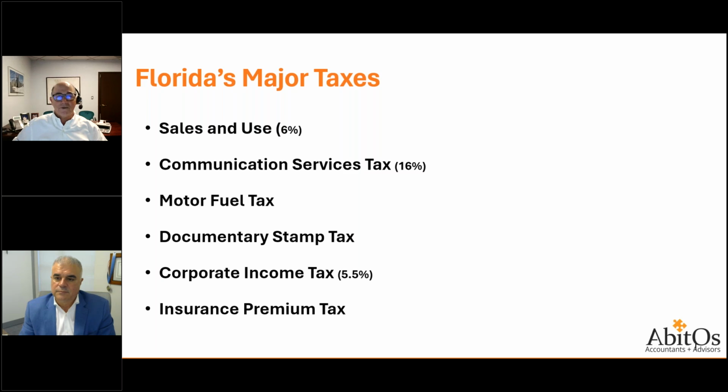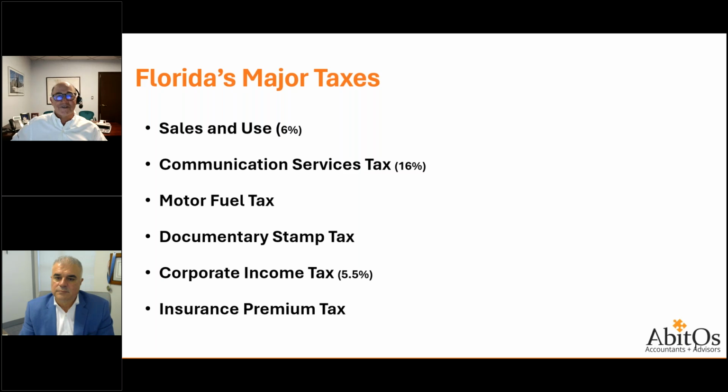Those are all communication services subject to Florida's tax. We don't think much about them because the mobile phone bill comes in from Verizon. It's got a 16% tax on it, and we just pay it.